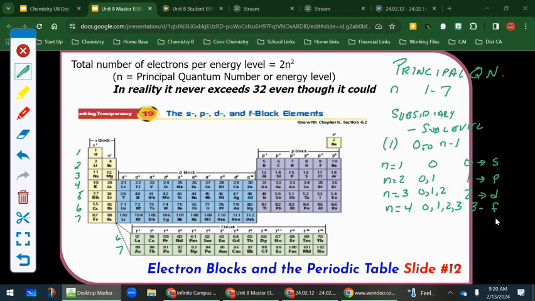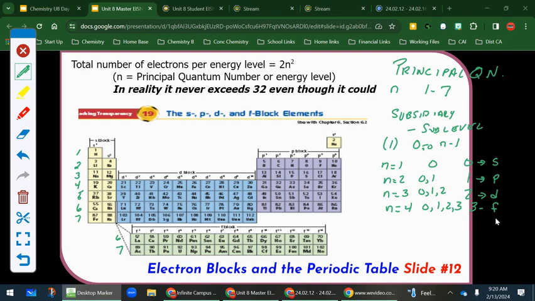They're not there. What sublevel first exists in the third energy level? D. So you cannot have D's until the third energy level.